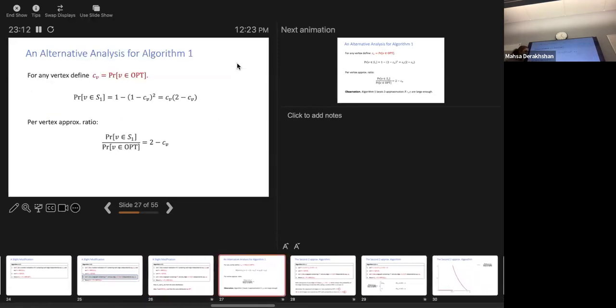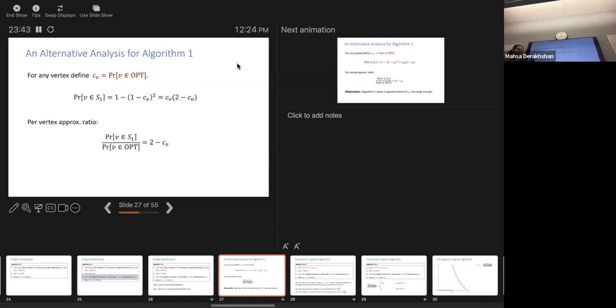Okay, but now the important point here is that if the C_v is large, this algorithm is already better than a 2 approximation, right? If for all the vertices, or even for an acceptable portion of them, this is large enough, this algorithm will already be better than 2 approximation. And so what does that mean? If your expected vertex cover of the graph is already large, like omega n size, this is already better than 2.